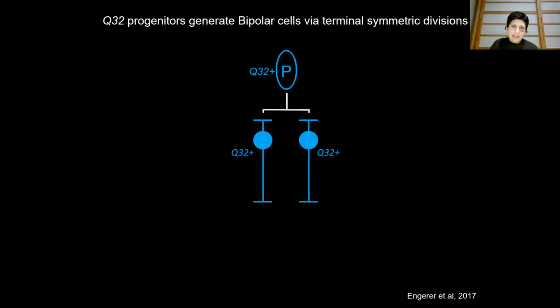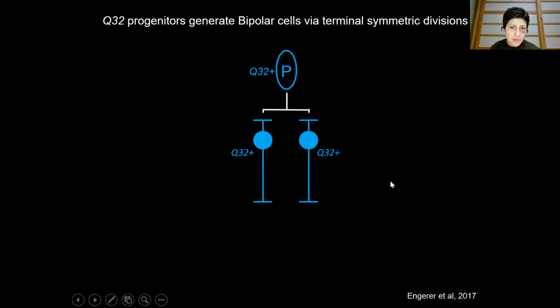So in work that I'm not going to show you now, we were able to confirm that Q32, remember, which is a subset of VSX1, also produced these terminal symmetric divisions in which two bipolar cells were generated. And I might switch between Q32 and VSX1 interchangeably throughout the talk. Please forgive me for that, but it's really the same thing because Q32 is simply a subset.